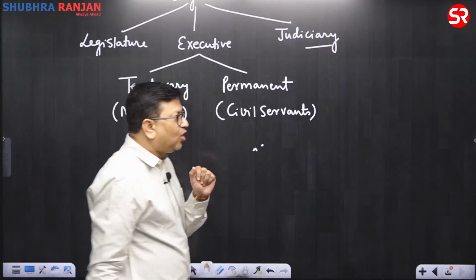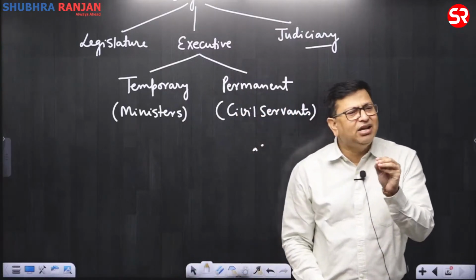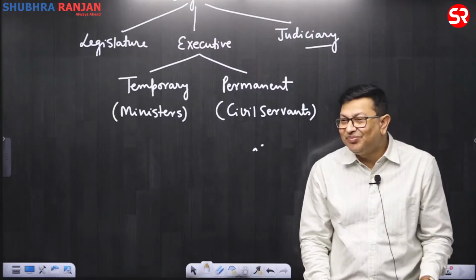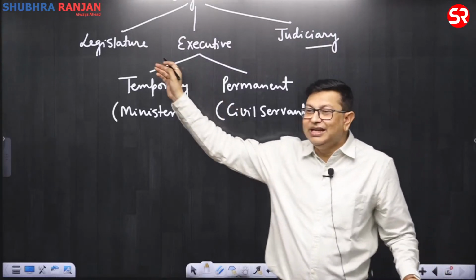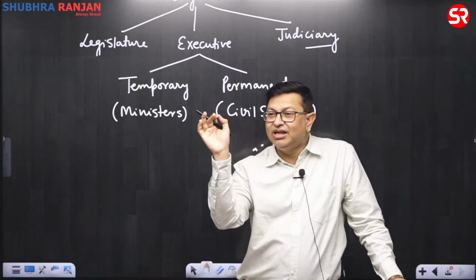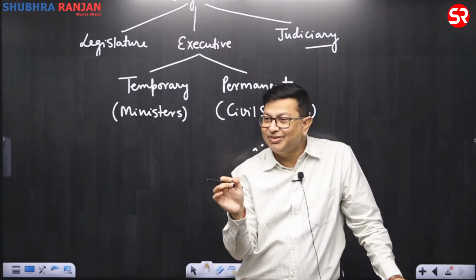Now coming to the constitution, if we talk about the constitution of any country, say United States of America, it talks about the legislature, that is the US Congress will consist of the Senate and the House of Representatives.